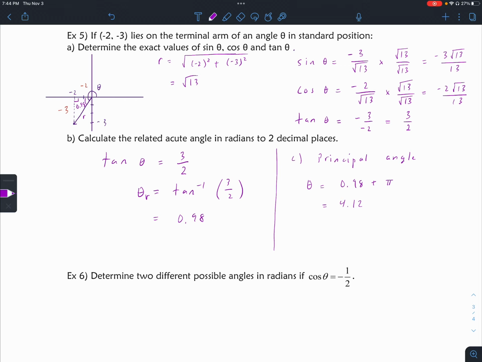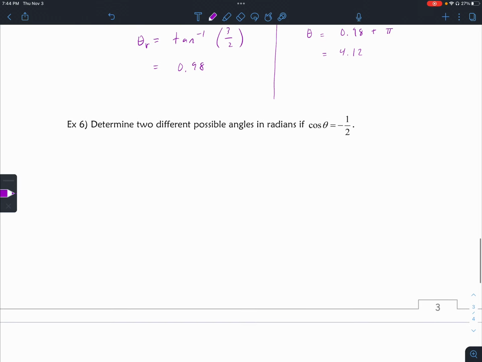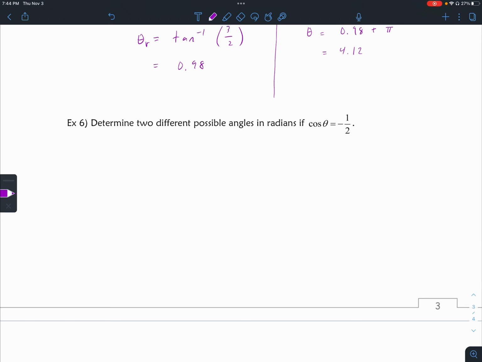Okay, so now for the last question. We want to determine two different possible angles in radians if cosine theta equals negative 1 over 2. So the CAST rule applies to this a little bit. So recall what the CAST rule is. The CAST rule states that in the fourth quadrant, cosine ratios are positive. In the first quadrant, all ratios are positive.